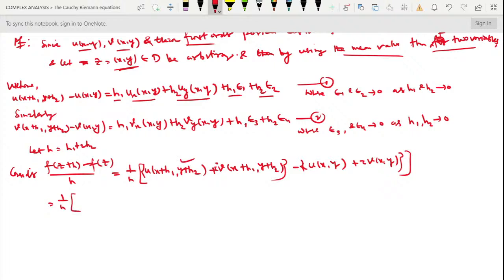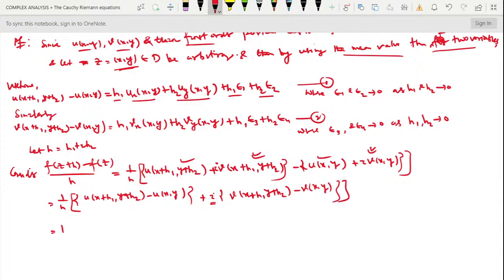Now combining real part with real part and imaginary part with imaginary part, we get u of (x plus h1, y plus s2) minus u of (x, y), plus I times, taking I common, v of (x plus h1, y plus s2) minus v of (x, y), all times 1 by h.